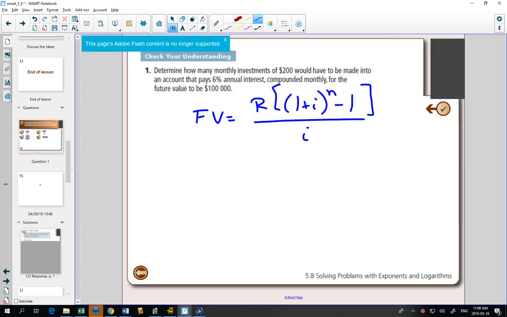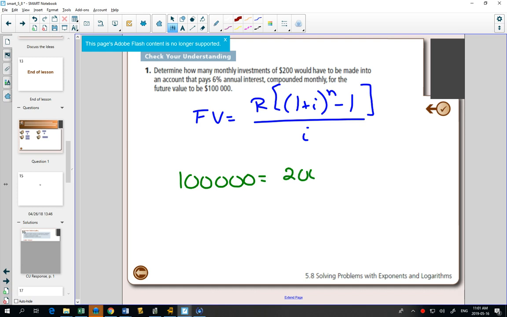So determine how many monthly investments, so we're going to be solving for N, of $200 would be made into an account that pays 6% interest compounded monthly for the future value to be $100,000. So we plug in everything that we know into the formula. $100,000 for the future value.